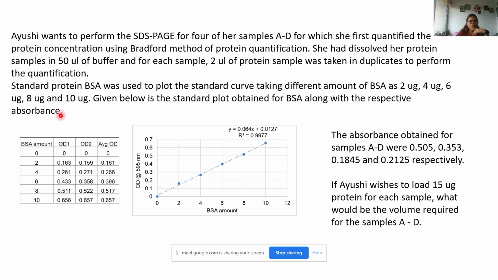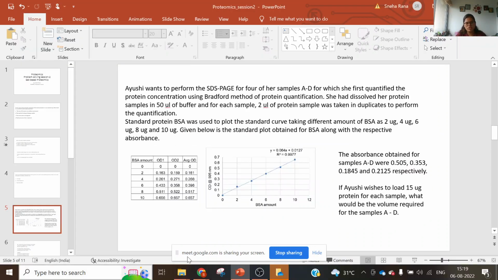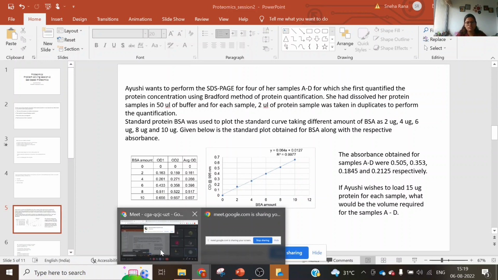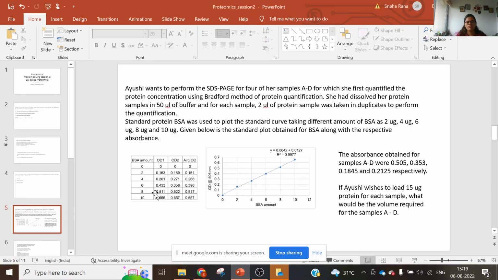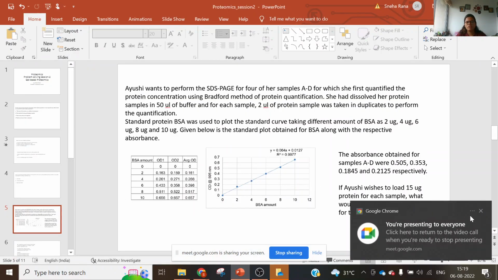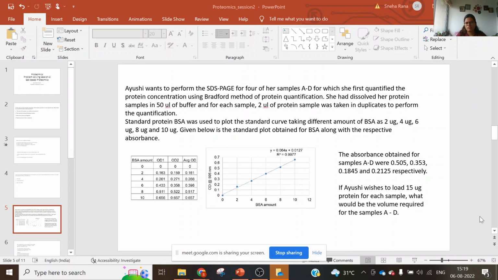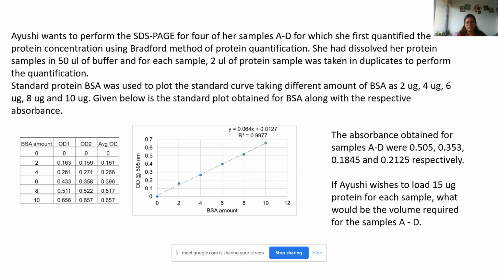Here they have given a standard. The standard protein BSA, bovine serum albumin, was used to plot the standard curve, taking different amounts of BSA: 2 microgram, 4, 6, 8 and 10.